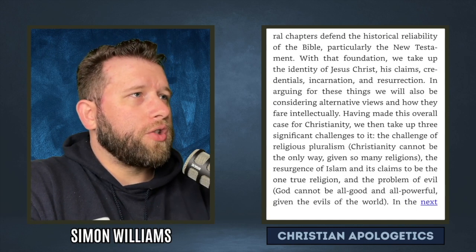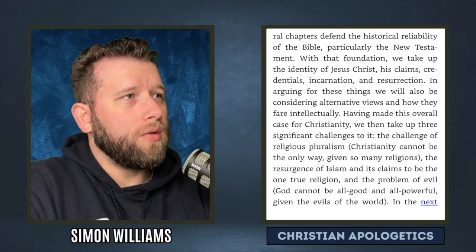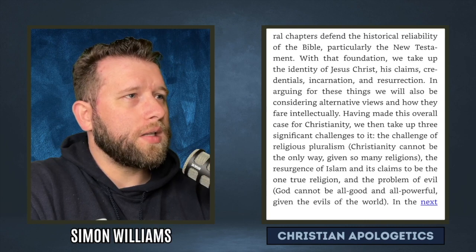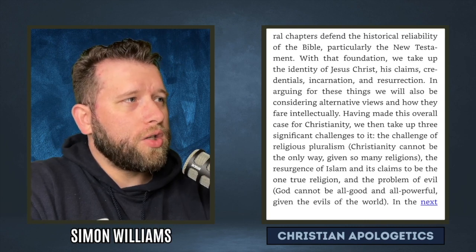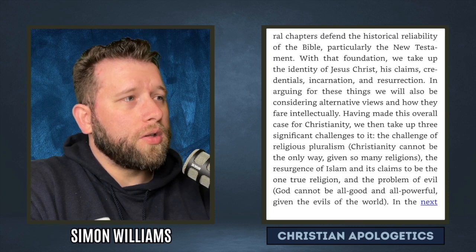The next several chapters defend the historical reliability of the Bible, particularly the New Testament. With that foundation, we take up the identity of Jesus Christ, his claims, his credentials, incarnation, and resurrection. In arguing for these things, we will also be considering alternative views and how they fare intellectually.